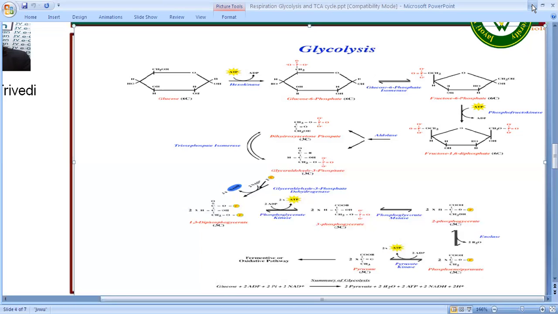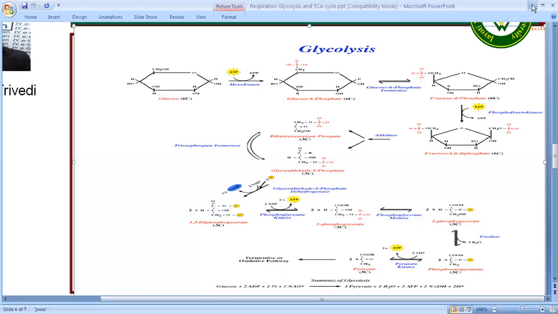Now the 1,3-diphosphoglycerate reacts with ADP in the presence of phosphoglyceric acid transferase to form 3-phosphoglyceric acid and ATP. So here we have 3-phosphoglycerate plus ATP.